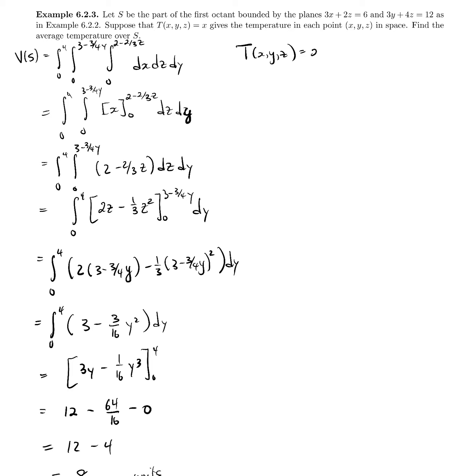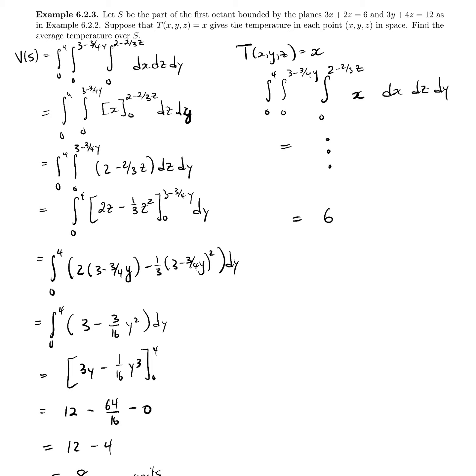But if we take T of x, y, z equal to x, we are going to do that integral from 0, the same thing, 0 to 3 minus 3/4 y, 0 to 2 minus 2/3 z, now of x, dx dz dy. Again, you can figure that out. I've done it on the side, and that gives me 6.